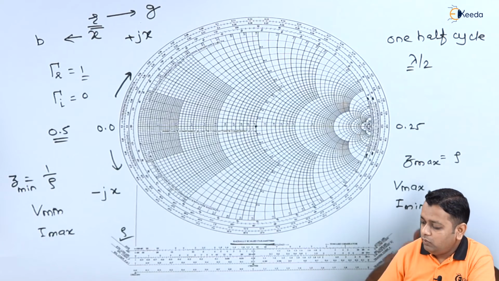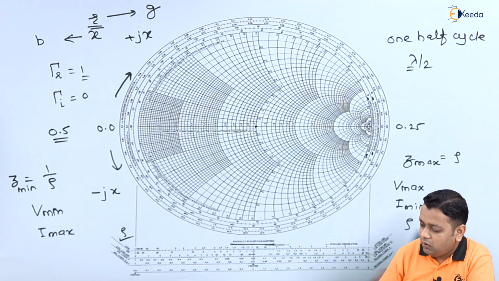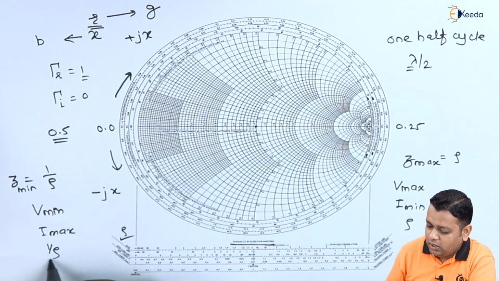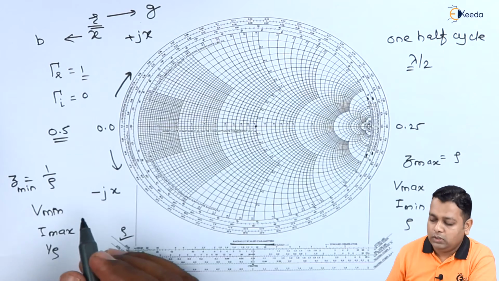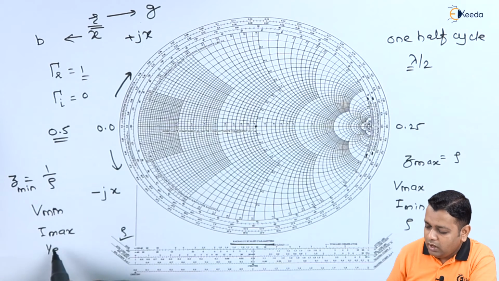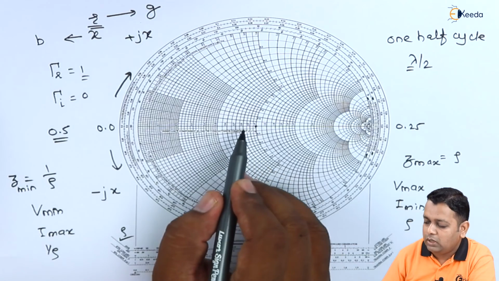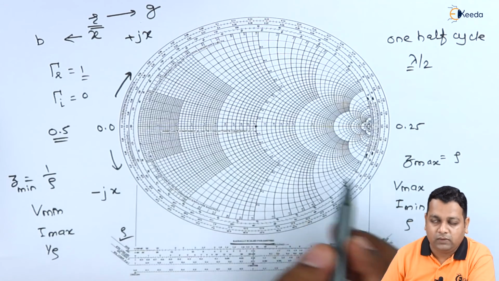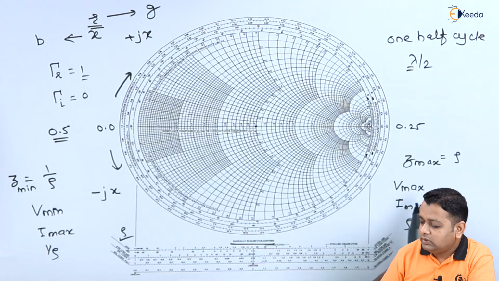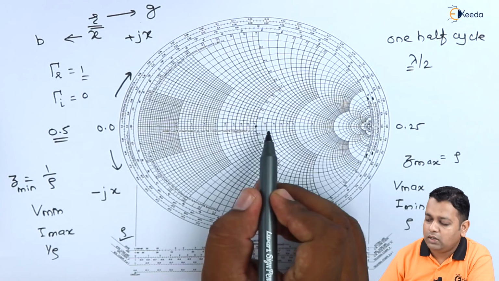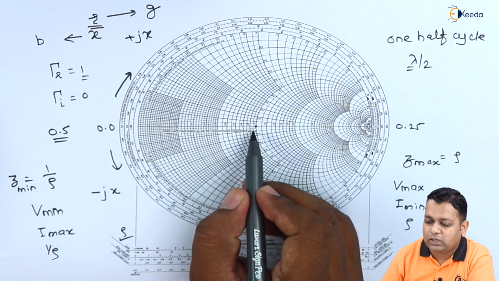So for Z maximum we have rho, and for Z minimum we have 1 by rho. So we find V minimum, I max, and 1 by rho values on the left hand portion of the Smith chart, whereas the Z max, V max, I minimum and rho values are on the right hand side, corresponding to the center of the Smith chart.